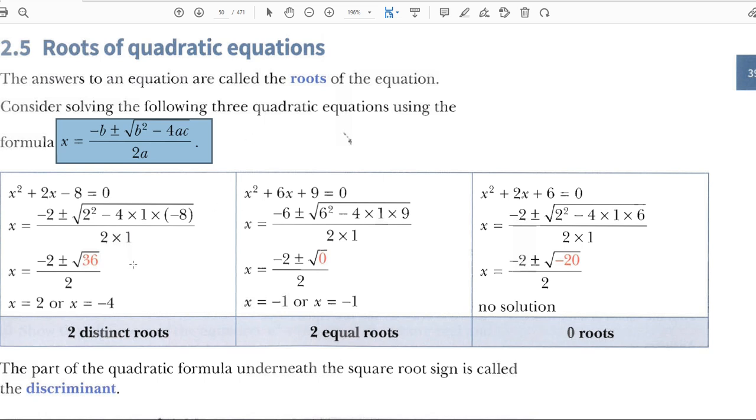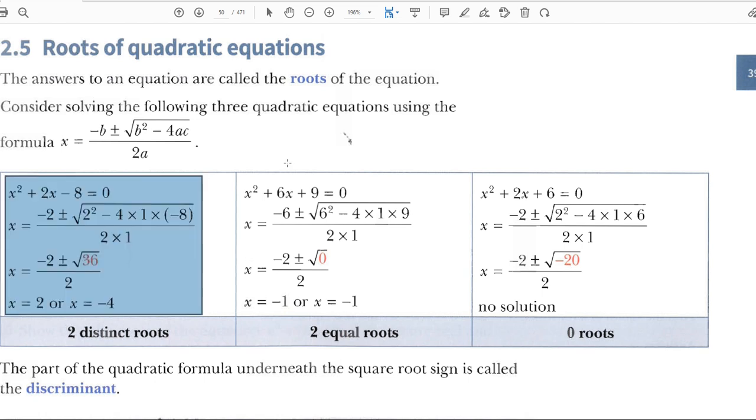For example, if you solve this quadratic equation with the help of the quadratic formula, the equation is x² + 2x − 8 = 0, and your solution is x = 2 or x = −4. But as I said, we call the answer not the solution, we call them roots.